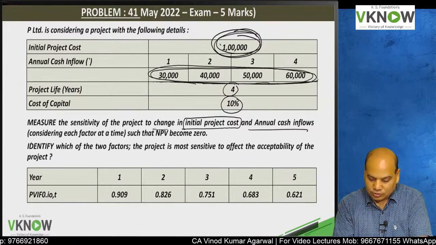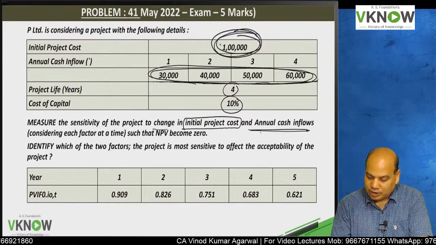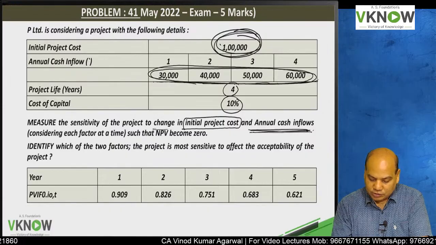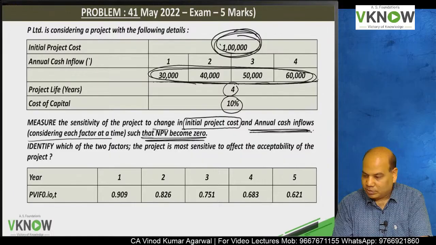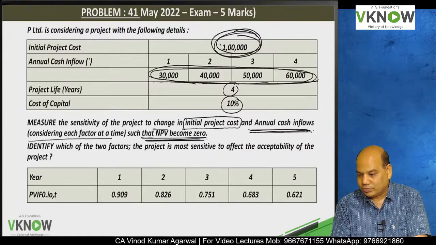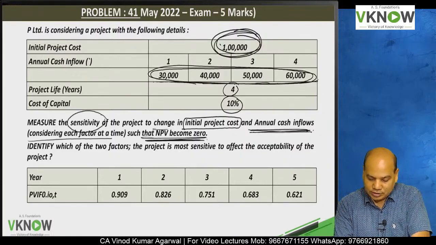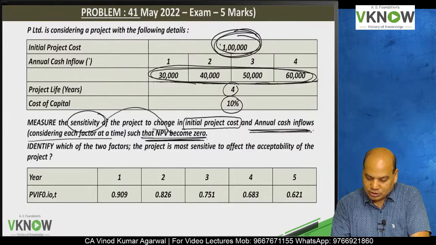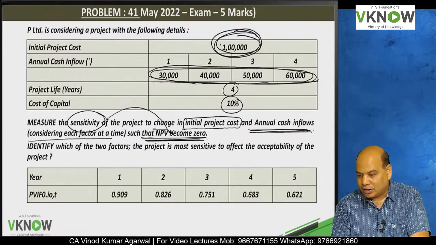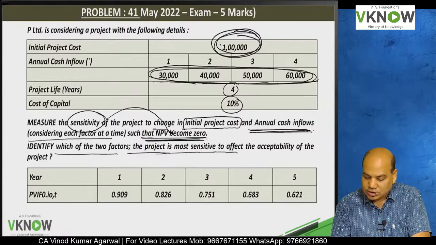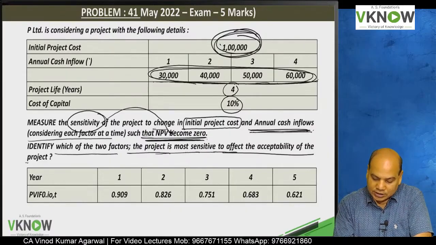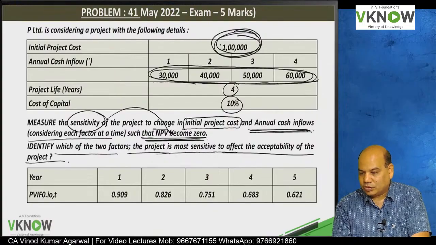Annual cash inflow, NPV divided by PV of annual cash inflow, considering each factor at a time such that NPV becomes 0. So sensitivity testing has to be done such that NPV becomes 0. Identify which of the 2 factors the project is most sensitive to affect the acceptability of the project.